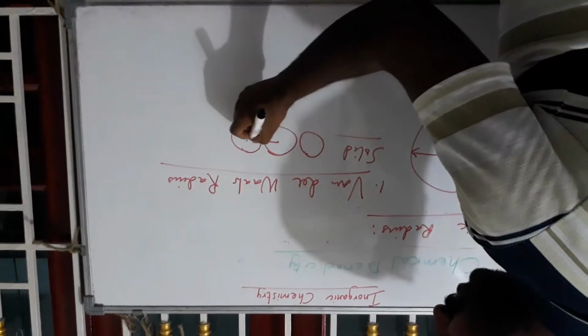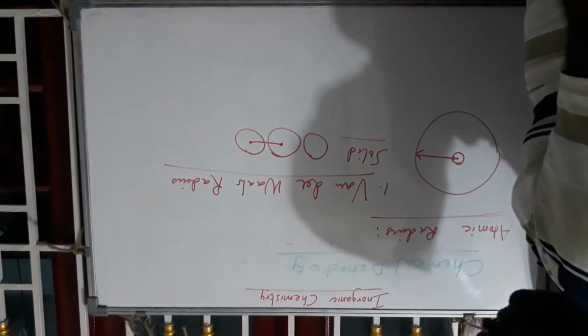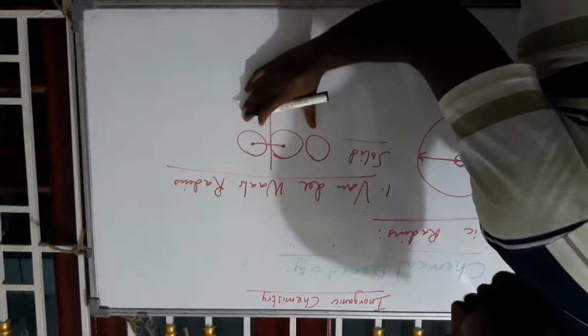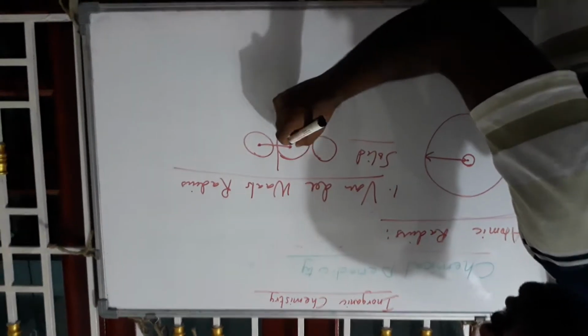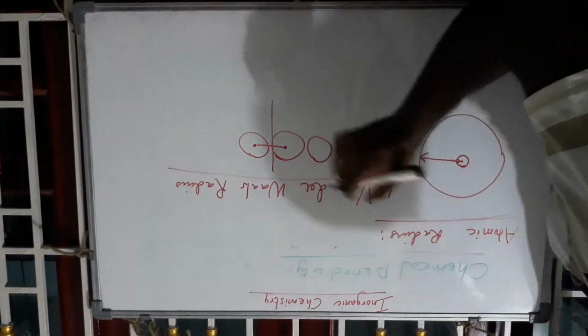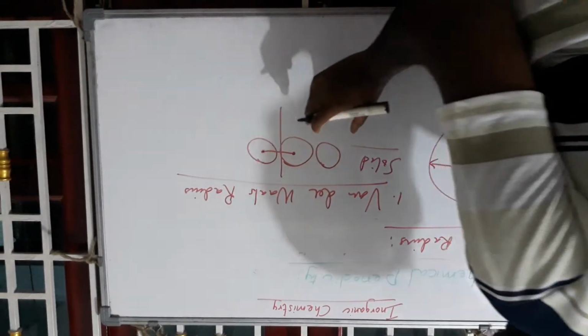The distance in between is called the atomic radius, simply called van der Waals radius also. Here we can say van der Waals distance.